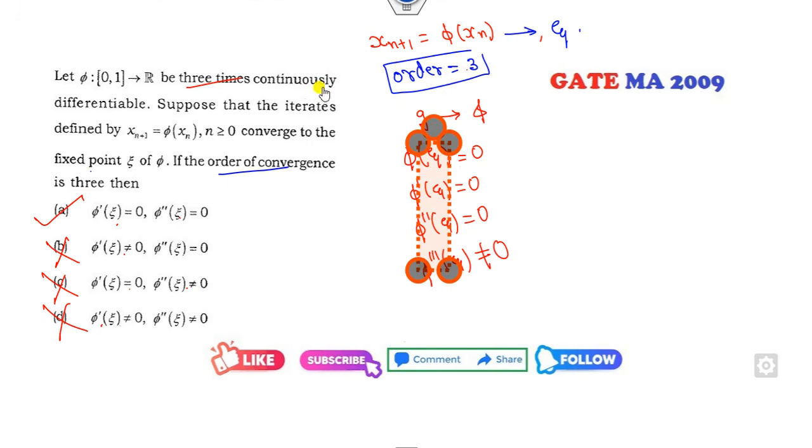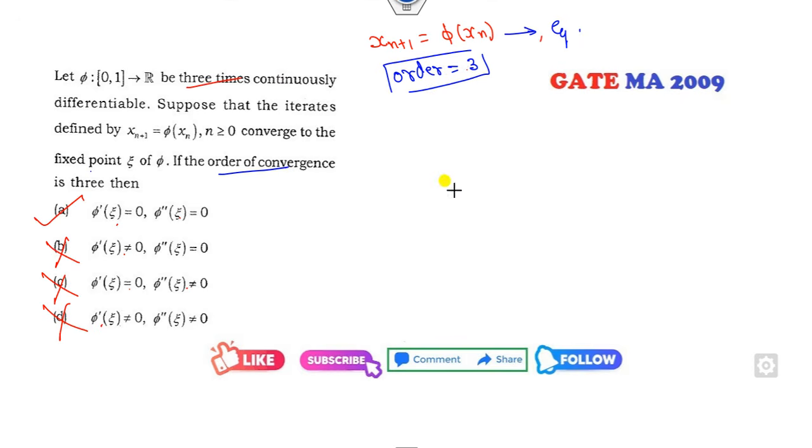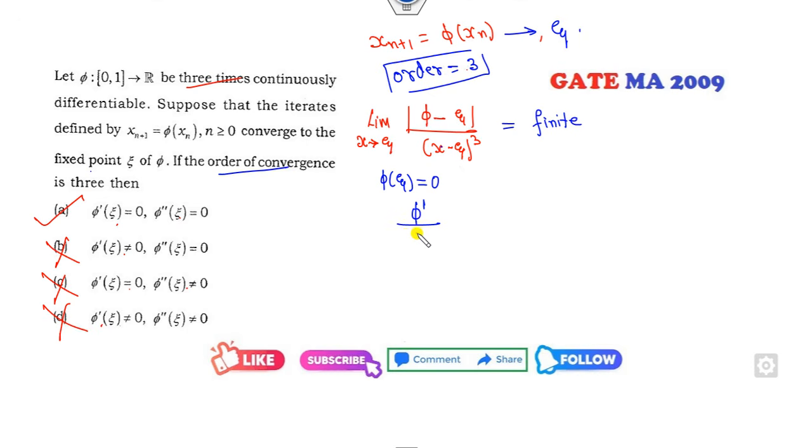If you apply the second method, I can do the second method also for you. So let me clear this one. What is the second method? Limit as x n approaches xi of phi of x n minus xi over the error power 3, since convergence has order 3. Now this number is finite. If you substitute xi, it is 0 by 0, that means the numerator must be 0. If you take the derivative, it will be phi dash divided by 3 times the error squared.